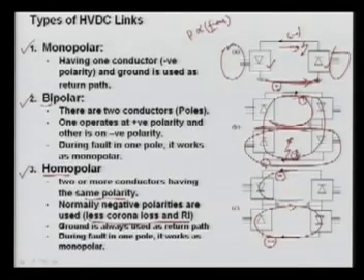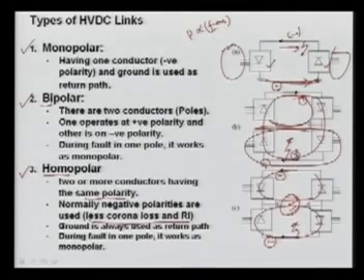Using the ground as a return path is not good for safety purposes. The advantage over the monopolar, where the ground was also used as a return path, is that if there is a fault in one system, we can operate in monopolar mode, feed power to the other area, and control this.